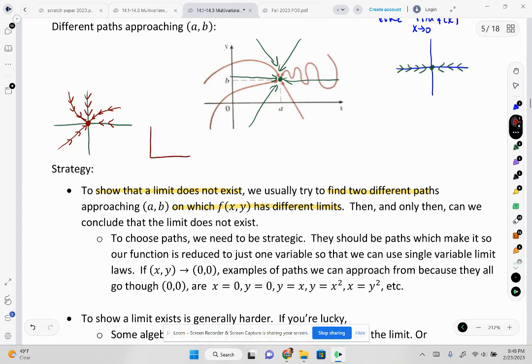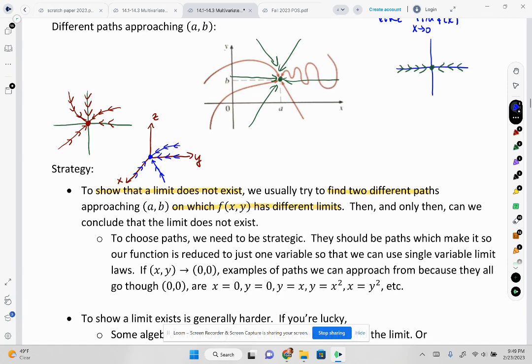Maybe a better way to see that is if we had, say, an octant. This is also kind of hard to draw, but let's say that, again, we're aiming towards the origin, and we could approach along the x-axis, or along the y-axis, or along the line y equals x, or y equals x squared, and so on and so forth.